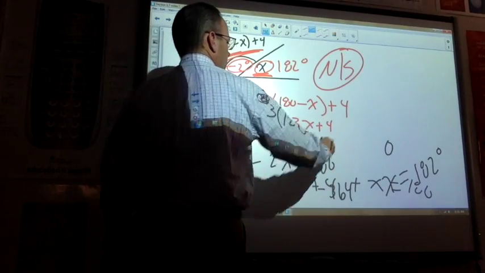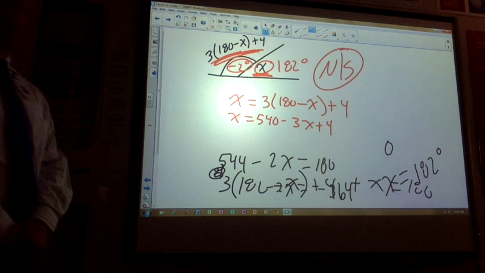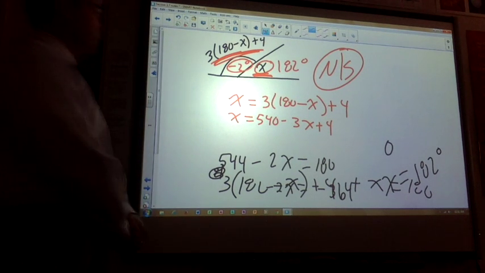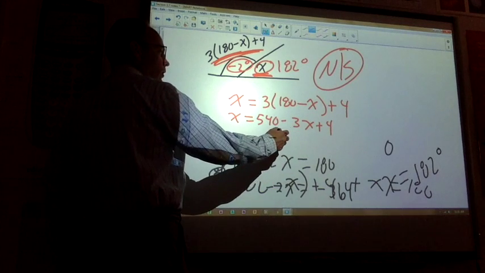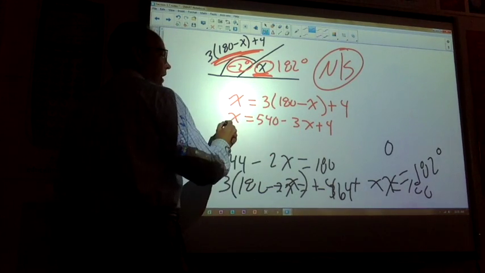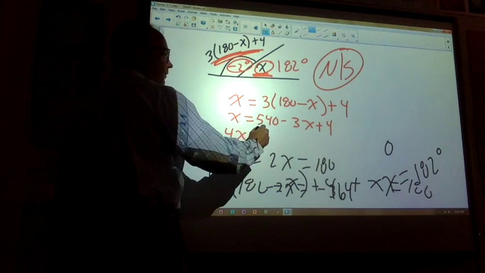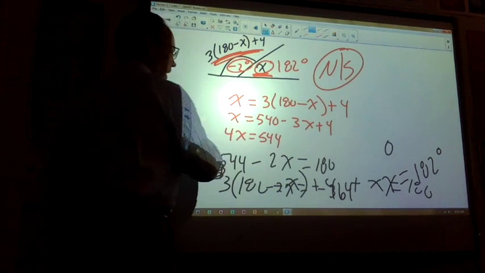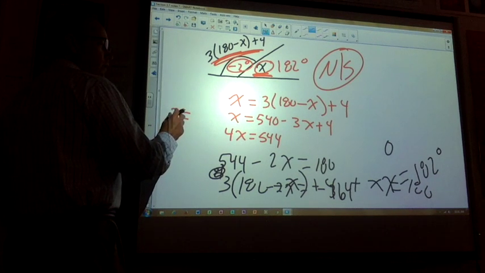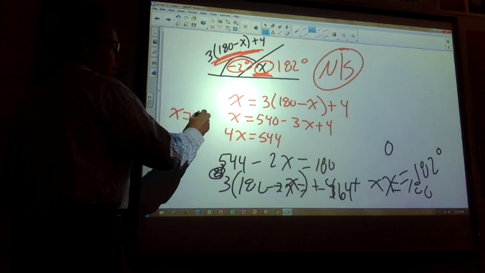Negative 2x equals 544. So what? Negative 2x equals 544. No, not negative 2x. We're going to have to do this. Oh, 4x. Add it. 4x equals 544. So x is equal to what? 136. What? 136. You sure? 136?